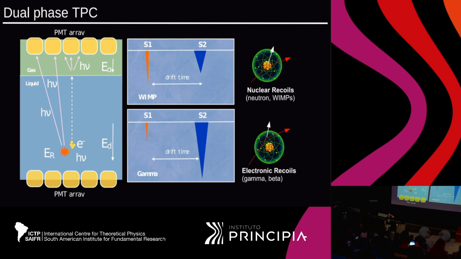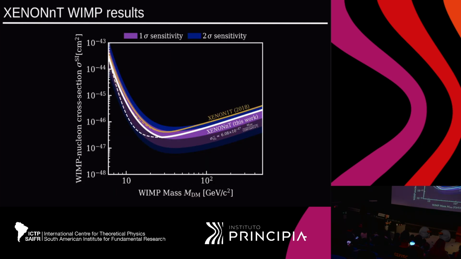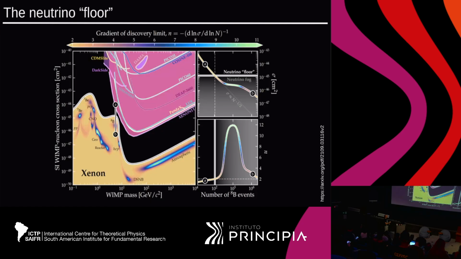So the directionality is one strategy that you can have here. If you have a detector that is able to tell you the direction in which the dark matter is coming from, then, for example, you could look in a direction where you don't have these neutrinos, since the neutrinos coming from the sun, for example, are coming from the sun.